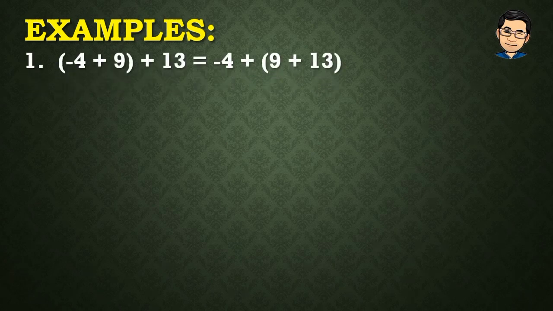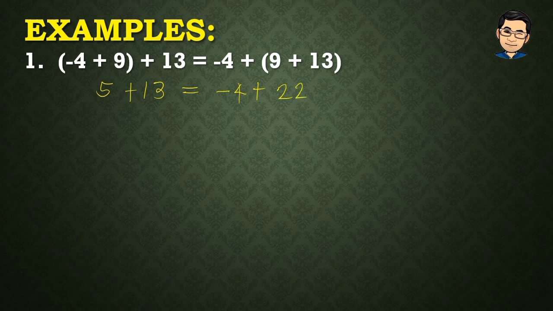So, number 1, so the sum of negative 4 plus 9 plus 13 is equal to negative 4 plus the sum of 9 and 13. So, solve natin siya. So, negative 4 plus 9, that is 5. And then plus 13 equals negative 4 plus the sum of 9 and 13, that is 22.